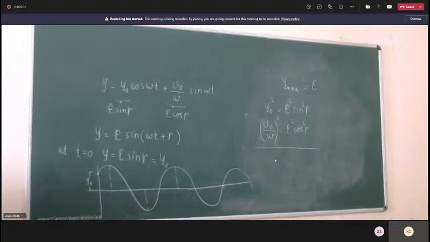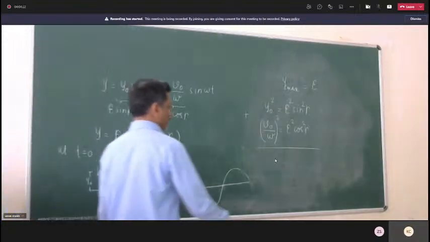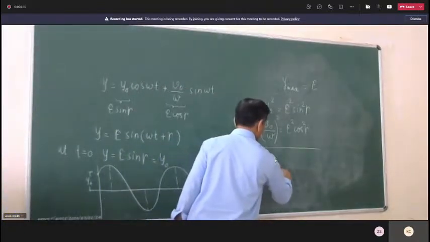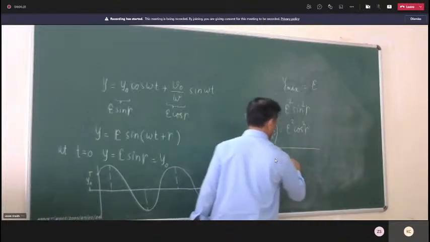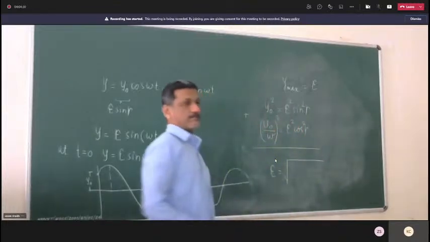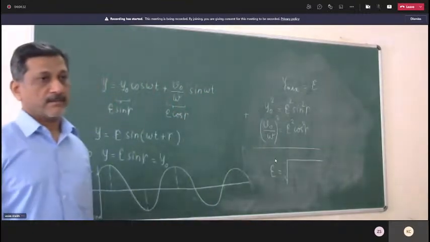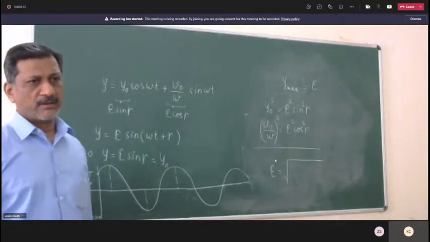Y0 square plus (V0 upon omega) square. You may take E square common on the right hand side. Do it. So what you will get? It is equal to 1. And from there you will get E is equal to the root.